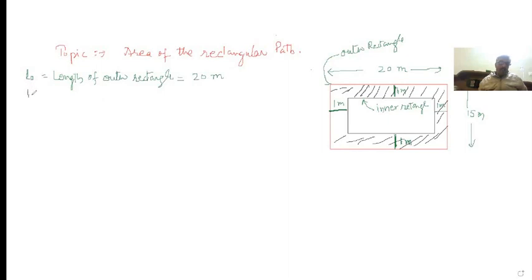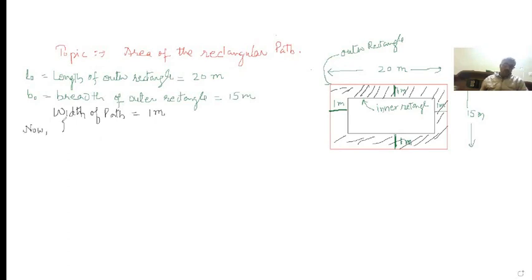Let BO be the breadth of the outer rectangle, which is 15 meter. The width of the path is given as 1 meter.